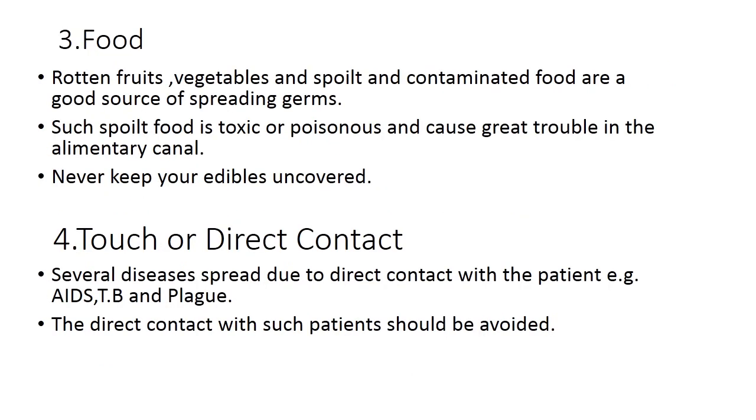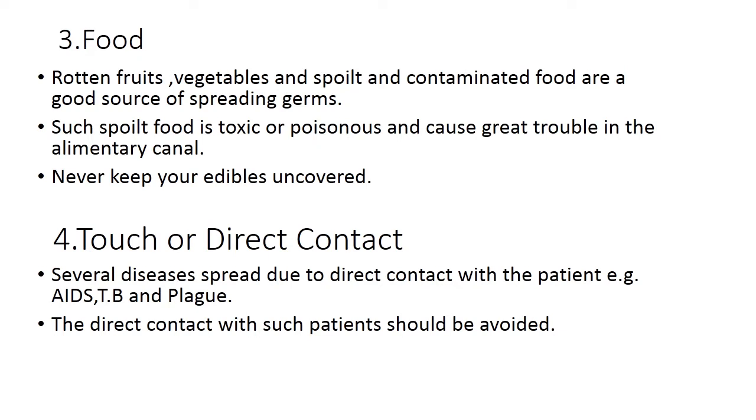The third medium which acts as a spread of germs is food. You all know that if you do not eat properly cooked food, or food which is properly preserved, or food which is free from germs, then you might get ill. You might have heard about food poisoning. Food poisoning is basically related to food which is cooked in unhygienic conditions.